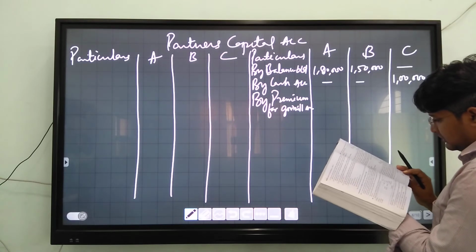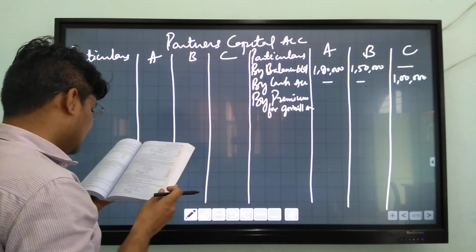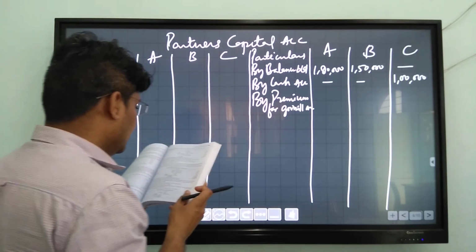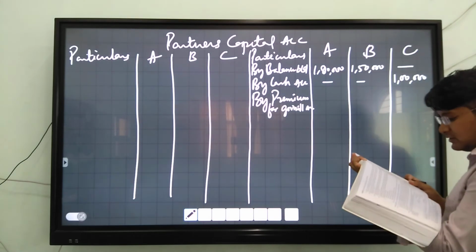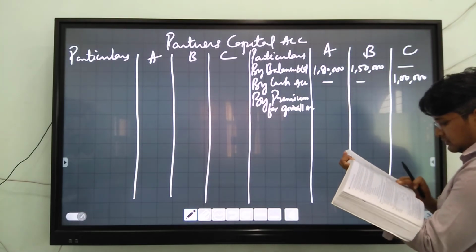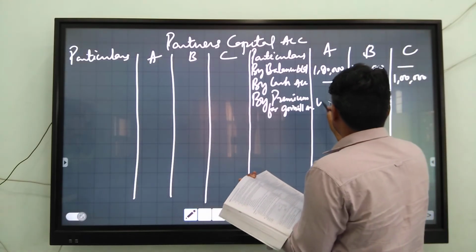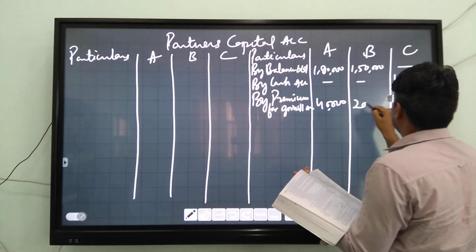Goodwill amount is 60,000 and you will divide it among the partners A and B. Sacrifice ratio is 2:1. If a new ratio is not given, then the old ratio will be the sacrifice ratio 2:1. We will get 40,000 and 20,000.